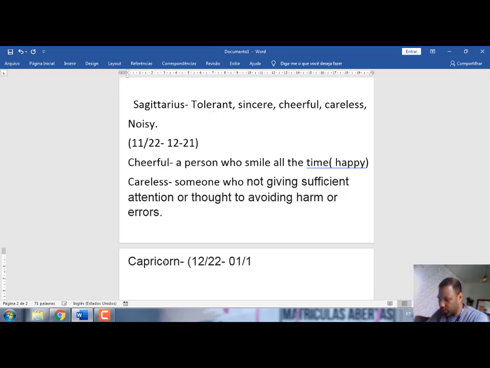According to my notes here, Capricorn is a reliable person. Okay, we are going to see this better.